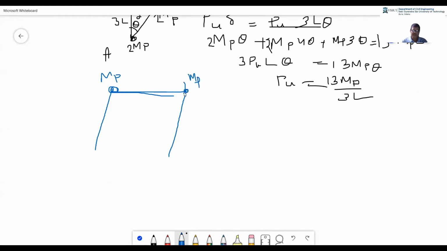At this joint there will be an angle here, an angle here, and an angle here.